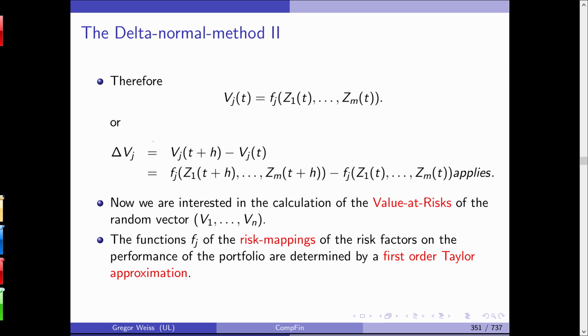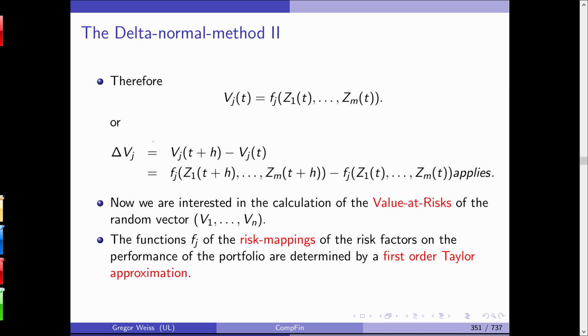So if we have m risk factors, and a portfolio or a certain asset j, the value of the asset j will be a function of these m risk factors.